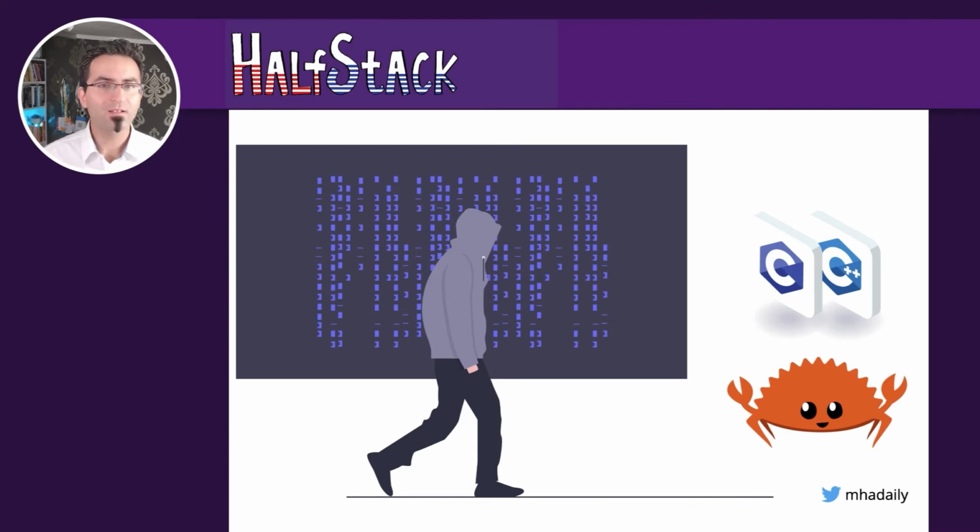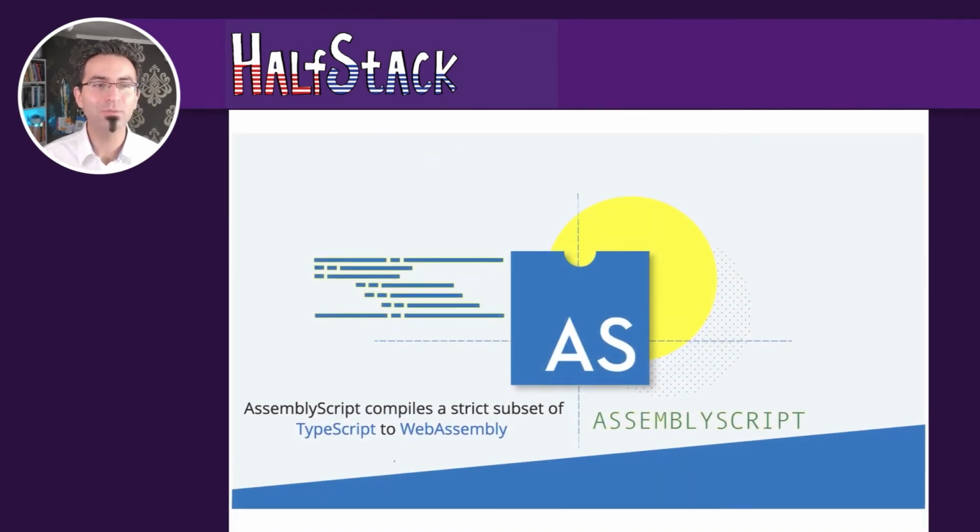So, in fact, if we have a tool where we don't need to go through all of these languages, C, C++, Rust, etc., and can just run our regular TypeScript or JavaScript file and get out WebAssembly, that might be quite interesting to us. And some smarter people have done that.